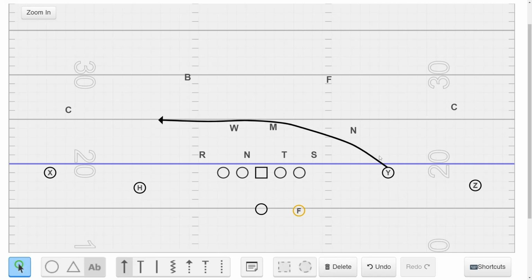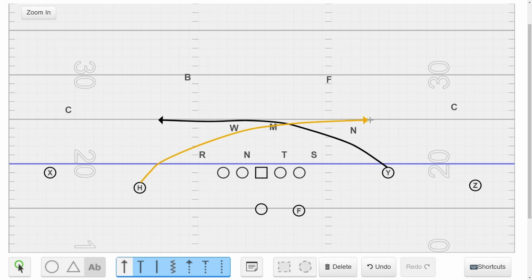All right, so our Y is going to set the top of the mesh. And what he's working is to flatten out at about 5 yards and work across the formation. That's the initial setup of the route. Our H is going to be running in tandem with that, and he's going to be running his cross so they meet about the middle of the field.